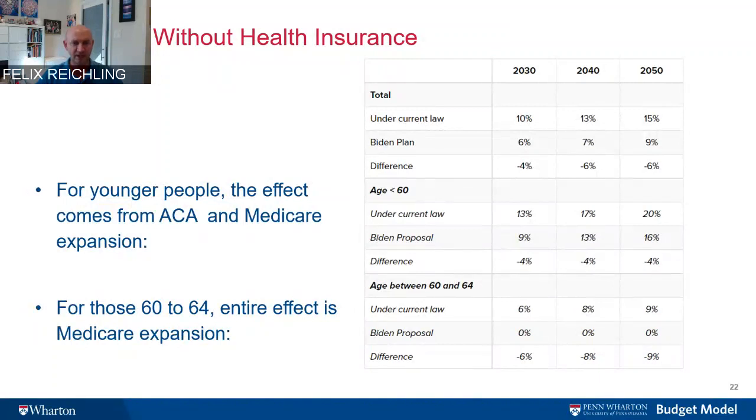And that would have a big decrease between 6 and 9 percentage points in future years. But even for the younger group, the uninsurance rate goes down by 4 percentage points for each of these years. So the Biden proposal doesn't completely get rid of the uninsured, but it does decrease current and future uninsurance rates by significant amounts.